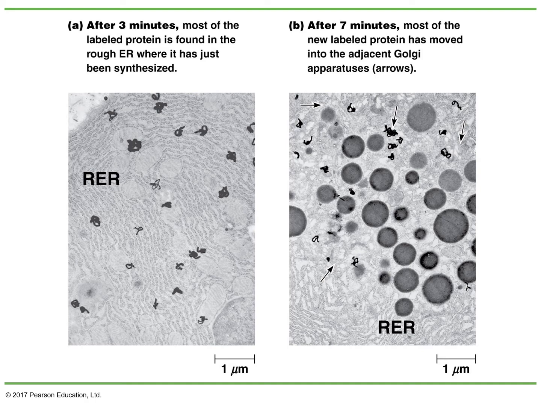In figure A, you will see that a few minutes after injection, most of the labeled protein is still found in the rough ER where it has just been synthesized. In figure B, after 7 minutes, most of the newly labeled protein has moved into the adjacent Golgi complexes, as indicated by the arrows.